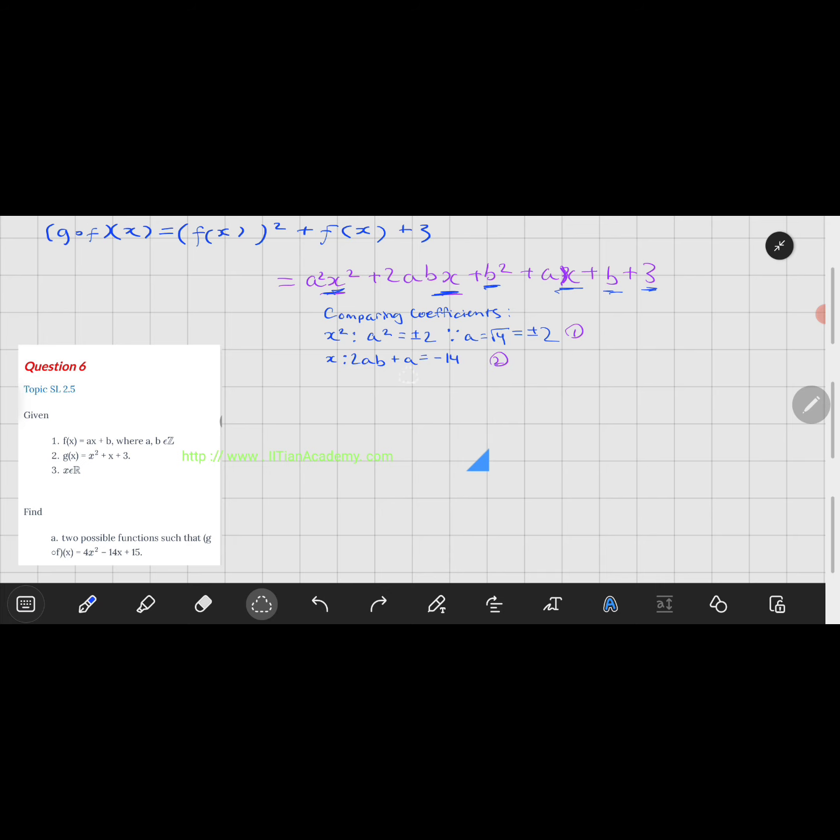Then for our x term, we have 2ab plus a, which should be equal to negative 14, as in the given equation. And lastly, for our constants, b squared plus b plus 3 should be equal to 15.